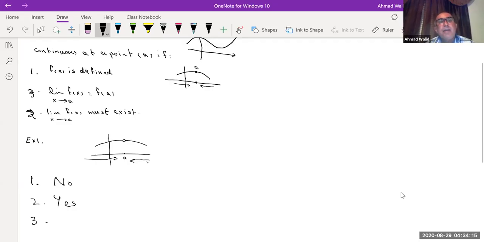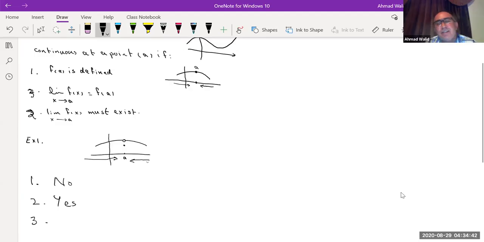Test number 3, the limit of f of x equals f of A. Correct? Do we have that? Do I have f of a? F of a actually is not there. Let me put another point here for you. Maybe this is f of a. Because of the hole, you cannot plug in that number in the limit.